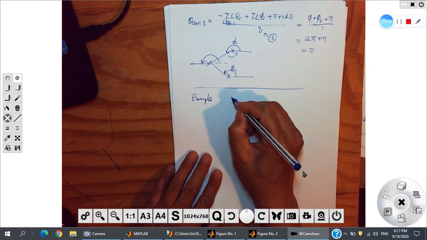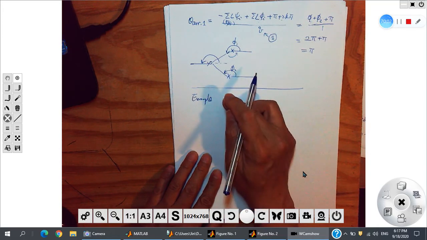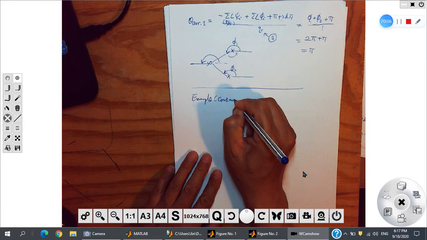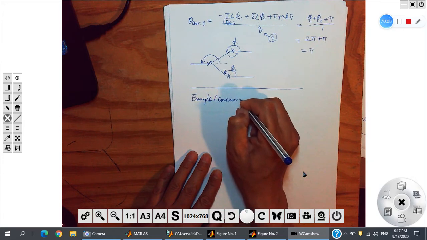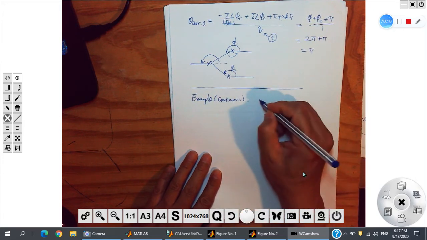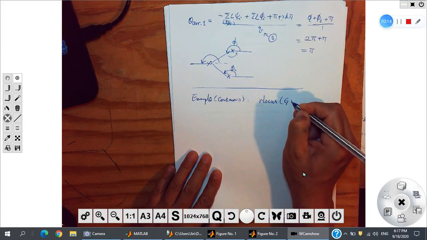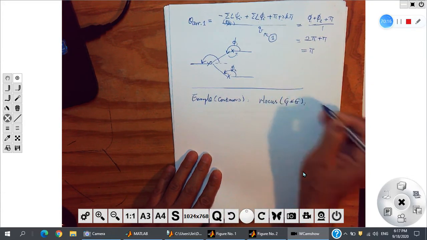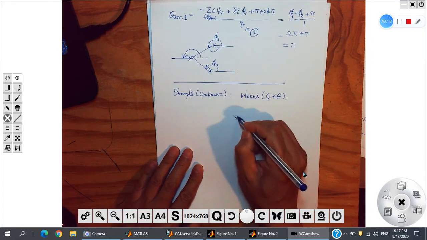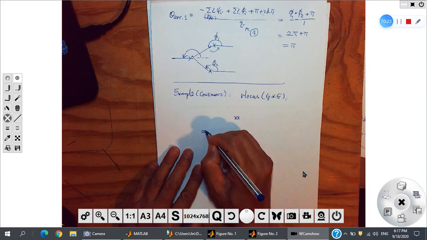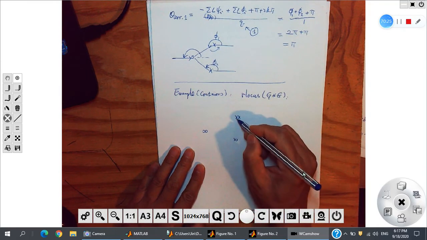We use the same G, right? We have a continuing example. We consider the root locus of G times G. Then we have two crosses here, and two zeros here, right? Then what is the angle this way?